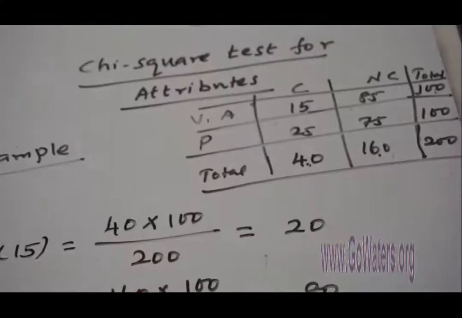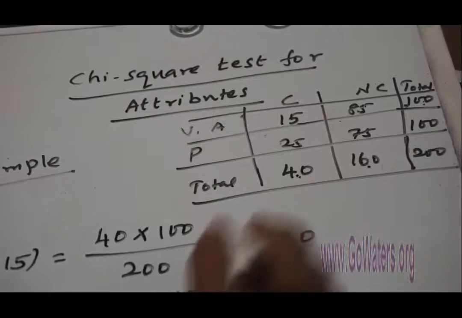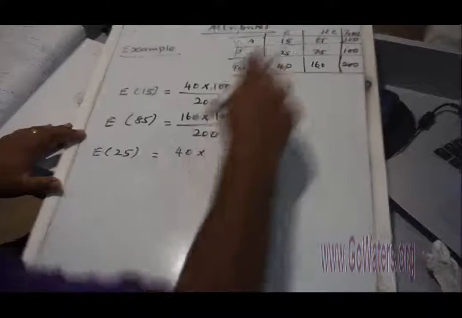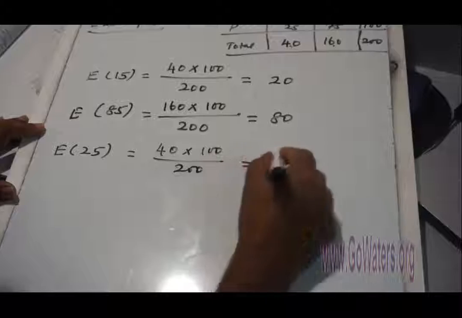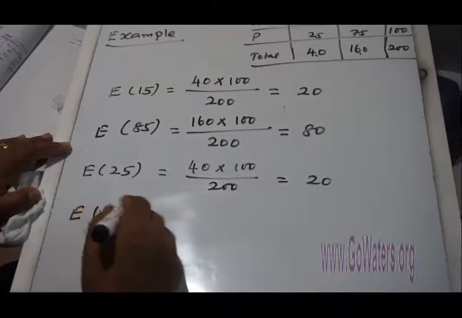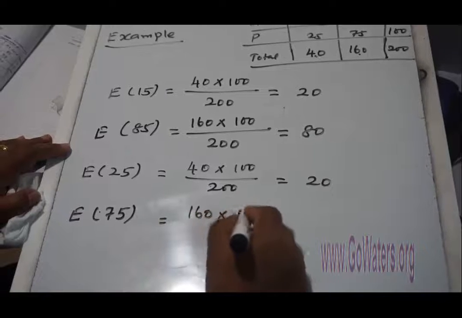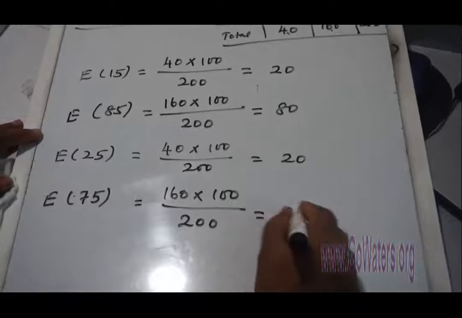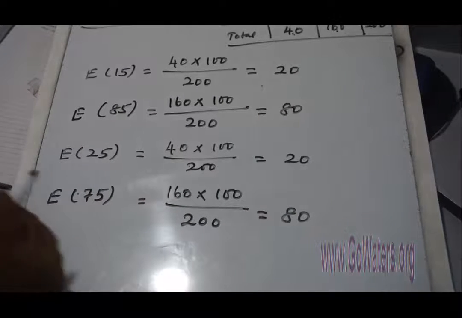Similarly, the expected frequency of 25 is 40 times 100 over 200, which gives 20. The expected frequency of 75 is 160 times 100 divided by 200, which equals 80. So these are all my expected frequencies.